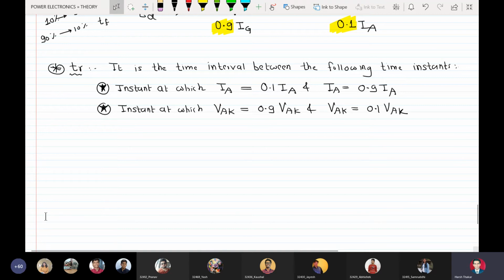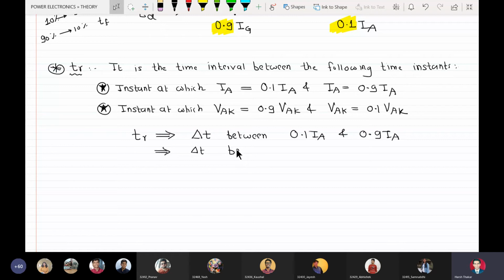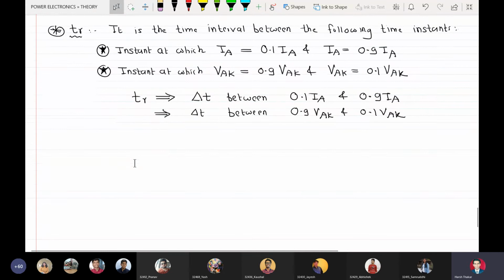So we can say that the rise time is nothing but the delta T between 10% of anode current and 90% of anode current, or also the delta T between 90% of VAK and 10% of VAK.